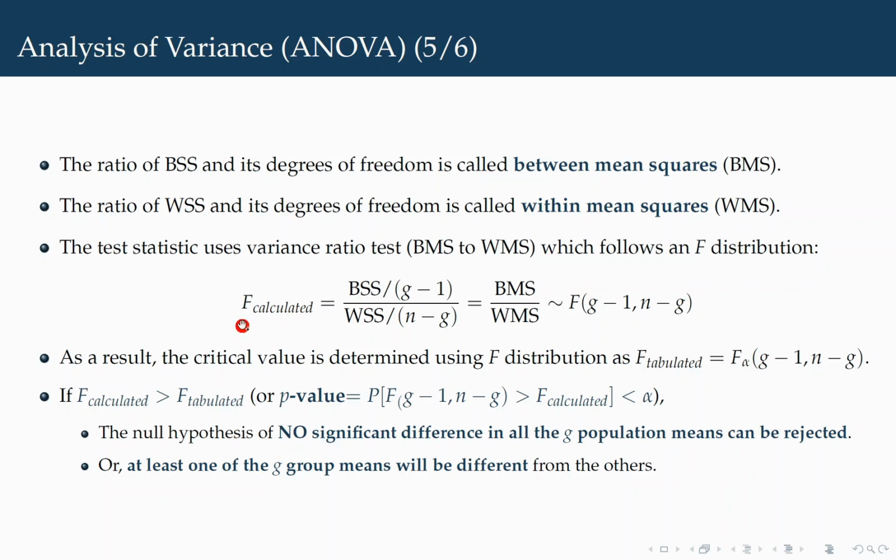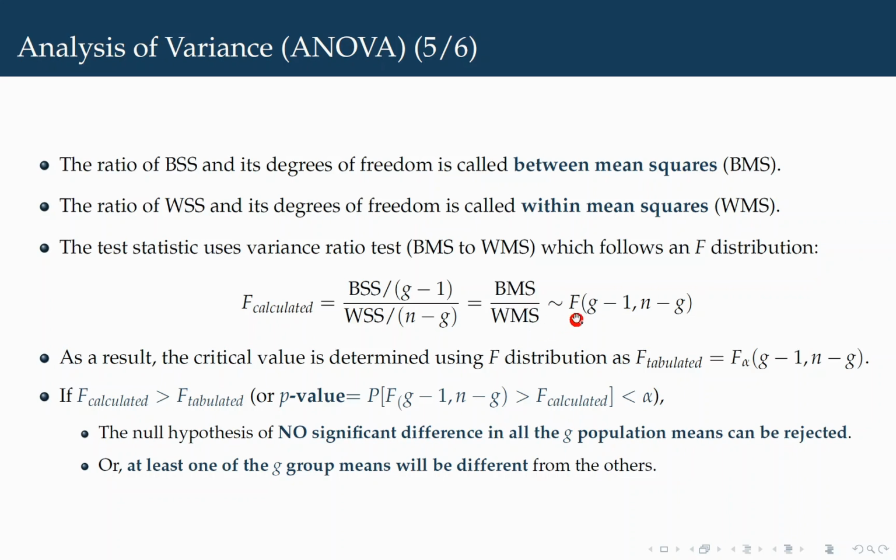So the test statistic based on this variance ratio test is nothing but between mean square, that is between sum square over the degrees of freedom, that is g minus 1, over within mean square, that is the within sum square divided by the degrees of freedom for the within sum square, that is n minus g. So this is nothing but between mean square over within mean square.